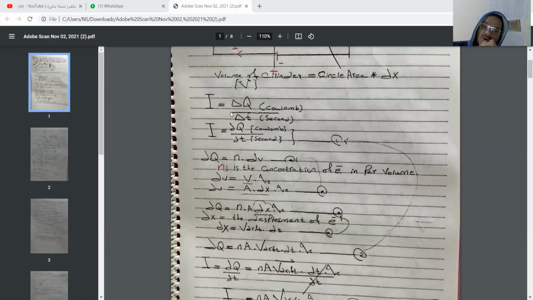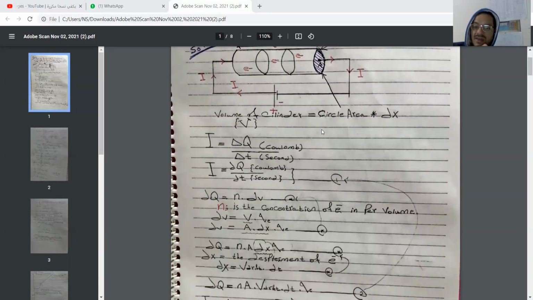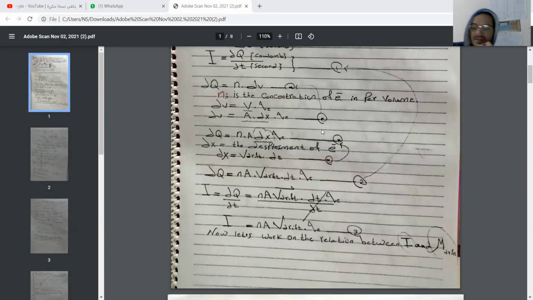After that, let's work separately on the derivative of the charge, which equals n dV times the charge of the electron, where dV is the differential of the volume. The volume equals the area of the circle, sorry, the area of the circle, here I write it A dot dx, dx being the distance or the length of this cylinder, this conductor.